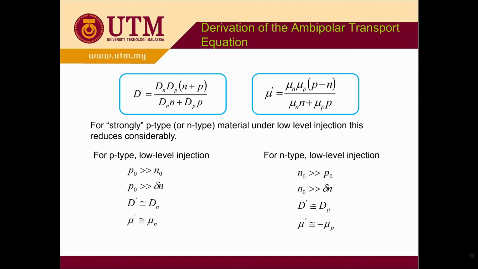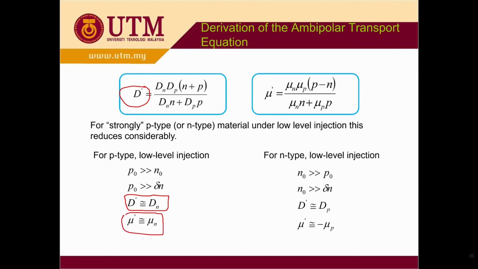And then the D prime, you can assume it to be close to Dn. So you want to simplify this by using low-level injection. You can use this assumption as well.